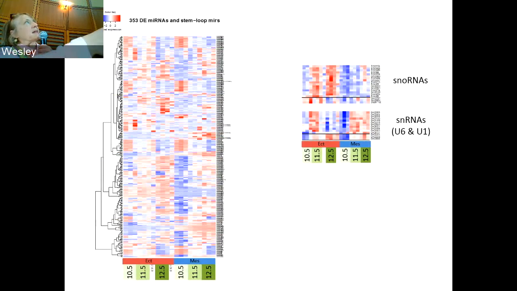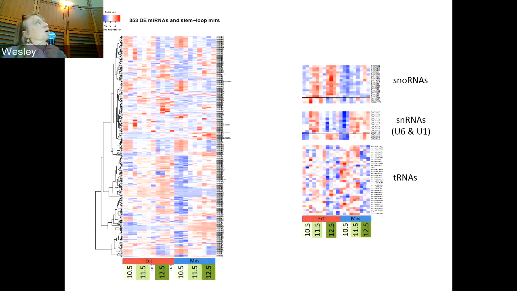If we look at the snRNAs, so these are spliceosomal RNAs, we see some U6 RNAs that are differentially expressed in a kind of odd pattern. We also see some U1 RNAs that are differentially expressed increasing with age, which again we would like to think might be involved in diversity of spliceosome activity. And then we also see a few tRNAs with quite odd expression patterns that are here and there and everywhere.